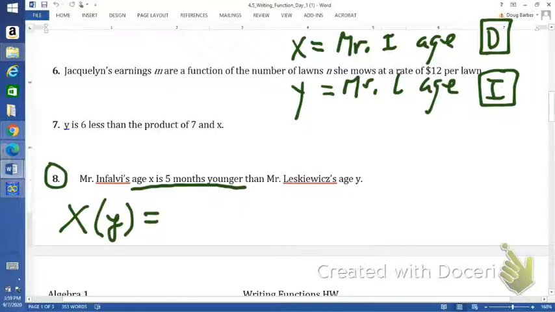So Mr. Infalvi's age X is 5 months younger than Mr. Leskowitz's age Y. So what is going to give us Mr. Infalvi's age? Taking Mr. Leskowitz's age, which is Y, and then subtracting 5 from it.